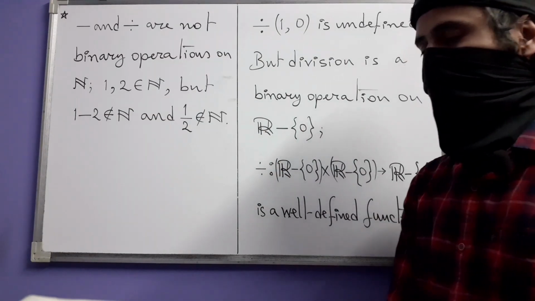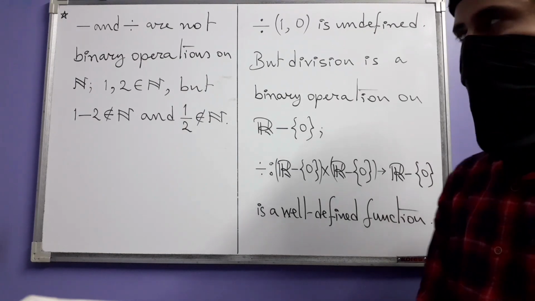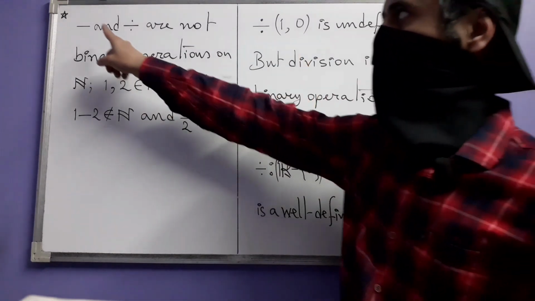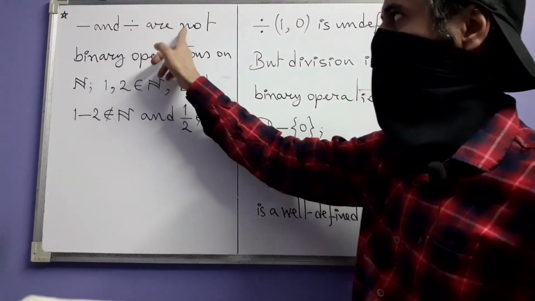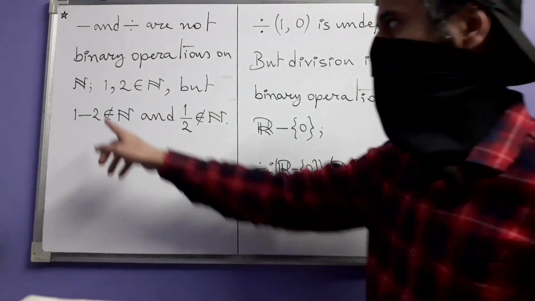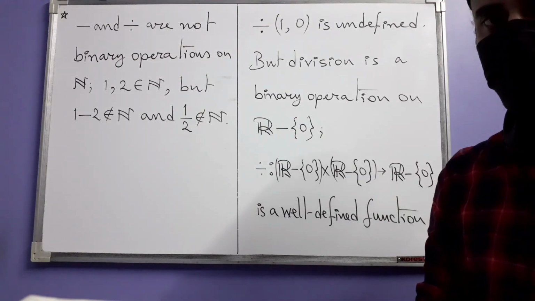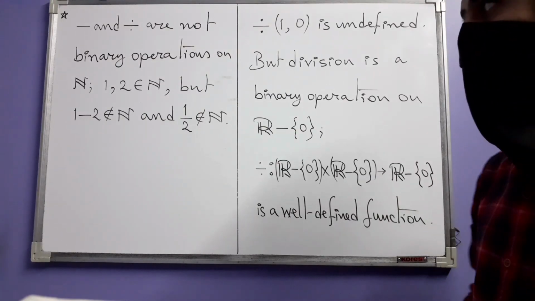If we play with the possibilities a bit more, we see that division by 0 is not the only problem, because subtraction and division turn out to not be binary operations on the set of natural numbers. That means positive integers, where there anyway is no 0.